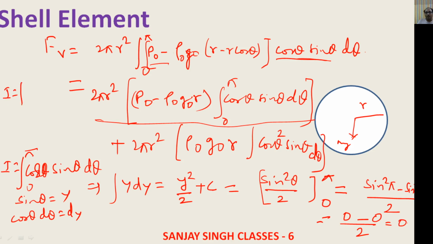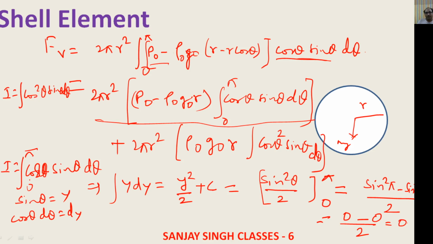So I is equal to the integral of cos square theta sin theta d theta. Here we must take cos theta as y, not sin theta.